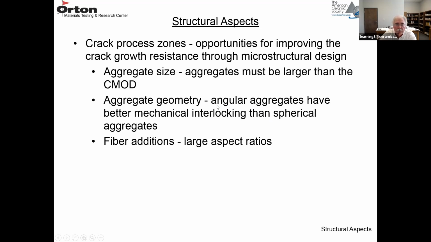So angular aggregates are better in terms of their interlocking with the matrix. Fiber additions have large aspect ratios, long length relative to their diameter. So fibers are a very effective way of energy dissipation in a crack wake.